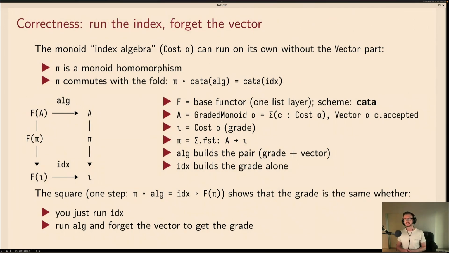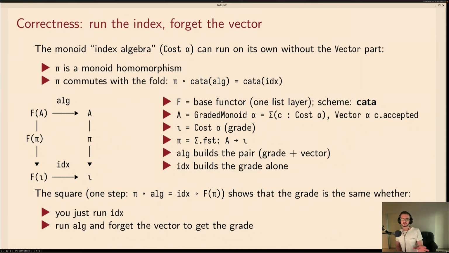The correctness assumes that you should definitely be able to run the index algebra, the cost A, on its own without having the vector part there. So this is also seen as a monoid homomorphism.